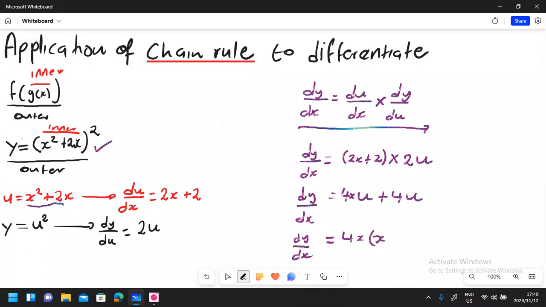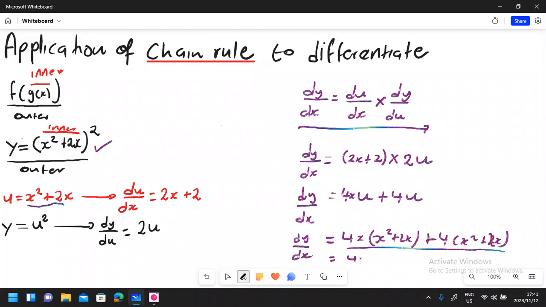So it's going to be 4x times x squared plus 2x, and then plus 4 times x squared plus 2x. So guys, I hope you can see this is actually how you do this one here. Then you can continue and remove the brackets, but you can stop here if you want to.